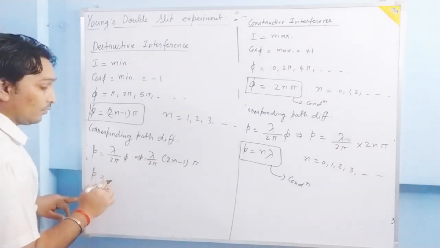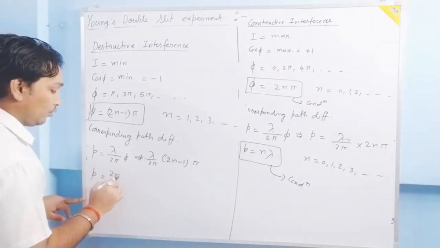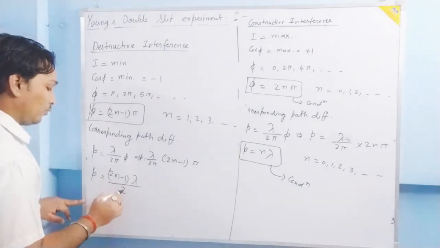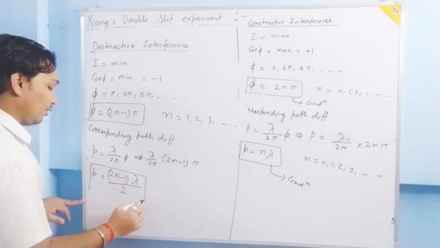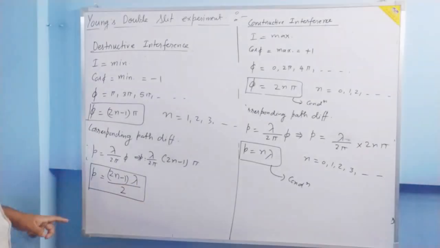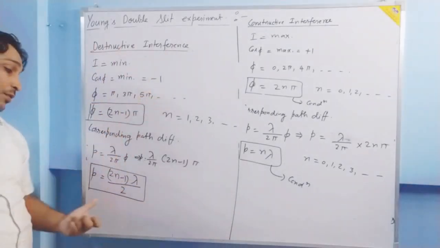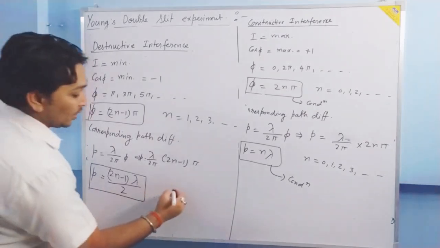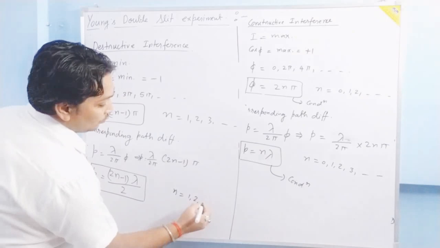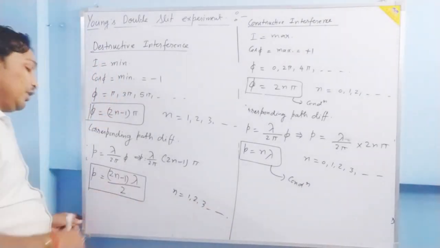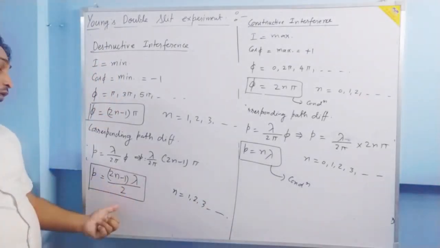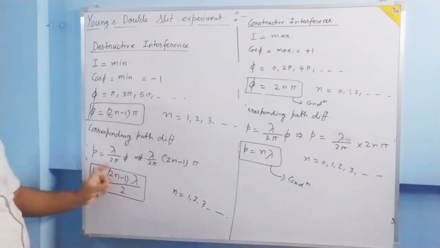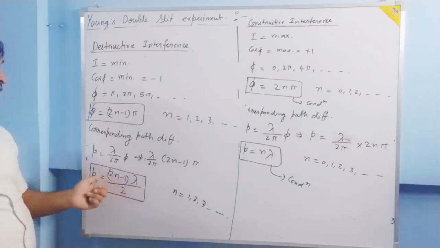So P will be equal to (2n minus 1) lambda by 2. So this is the condition for destructive interference, means minimum intensity, in terms of path difference. Here n starts from 1, 2, 3. If you put n equal to 1, we have 1 by 2 lambda, means lambda by 2. If you put n equal to 2, we have 3 by 2 lambda, or 3 lambda by 2.